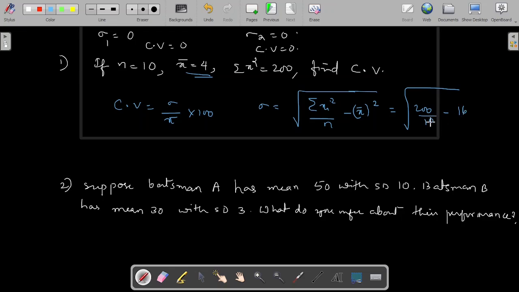So this gives you square root of 20 minus 16, which is square root of 4, which is nothing but 2. So standard deviation is 2. Then 2 divided by x bar, which is 4, into 100. This gives 100 by 2, which is equal to 50. The coefficient of variation of this data is 50. Here we are not comparing; we are using the formula to find the coefficient of variation.